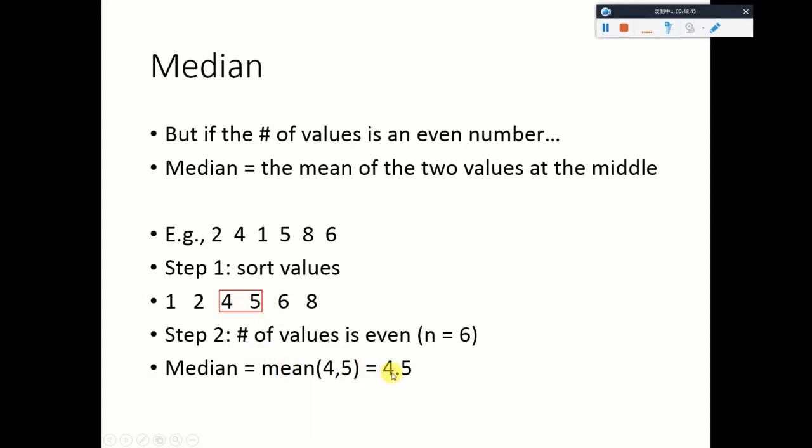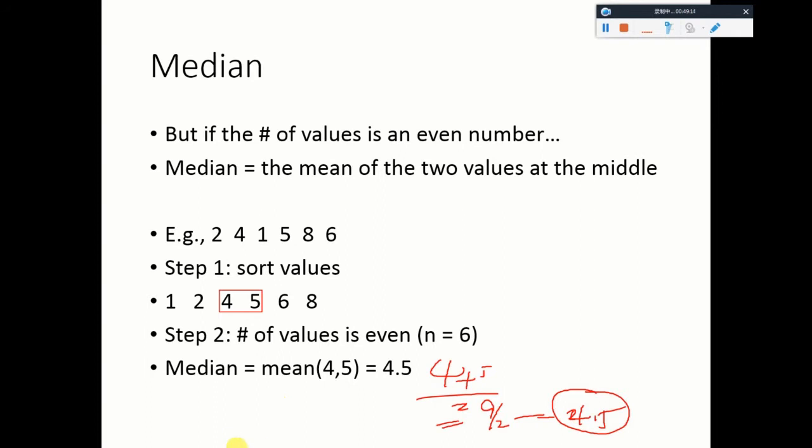So the median will be 4.5, because the mean of 4 and 5 is exactly 4.5, right? So 4 plus 5 divided by 2 is 9 divided by 2, exactly 4.5. Okay, so this is the correct answer.